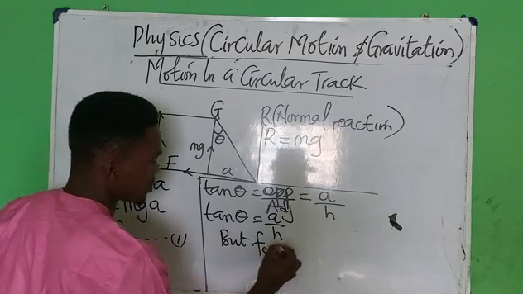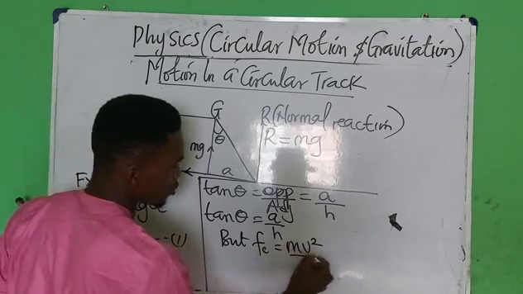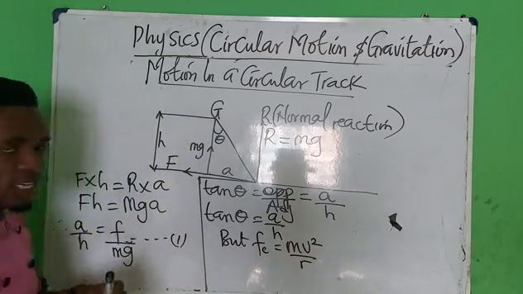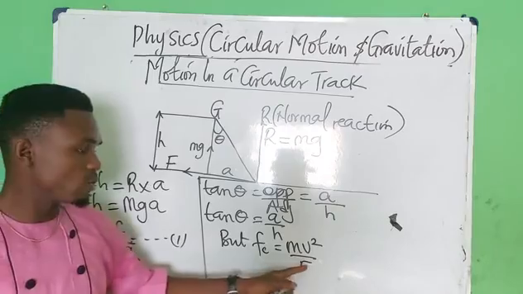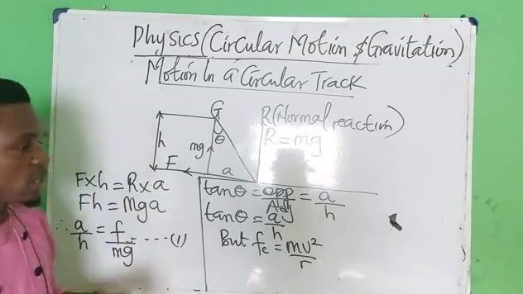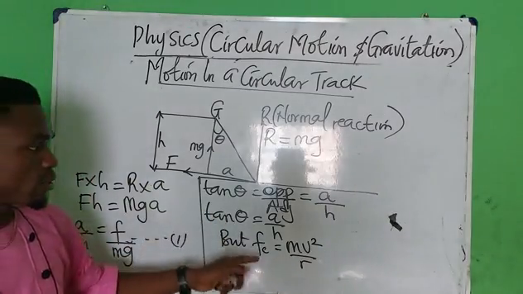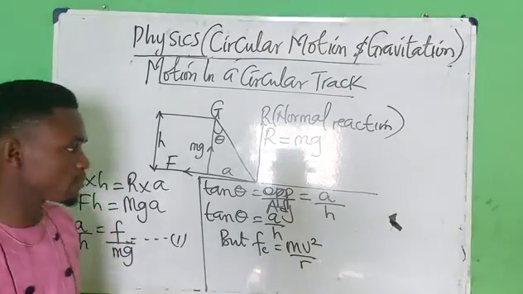But F is equal to what? mv squared over what? R. I gave you before that mv squared over R. That is from the initial formula that we got, that is centripetal force.